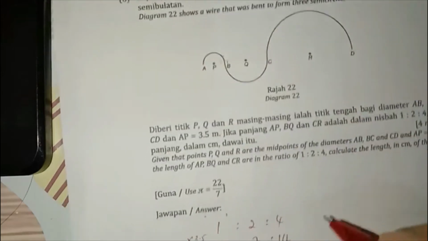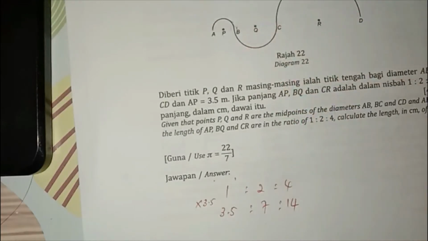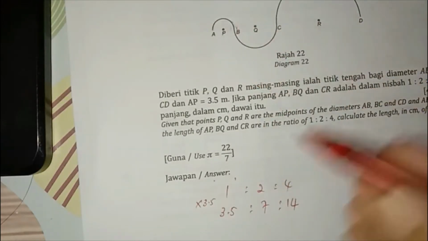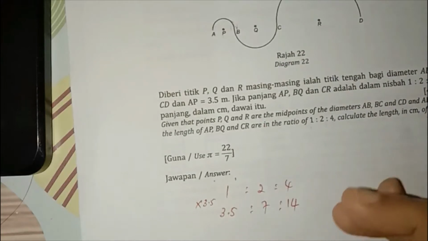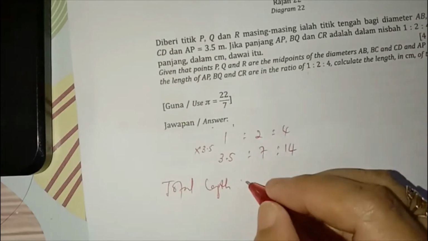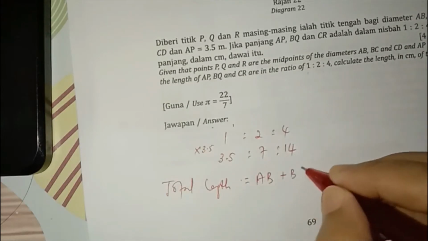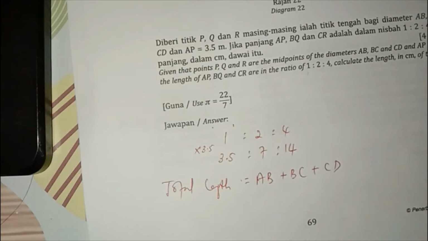So AB equals, the formula that we use is 2 pi r. So meaning the length of the wire equals the total length. Total length of the wire equals AB plus BC plus CD.